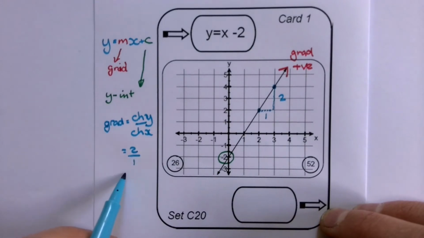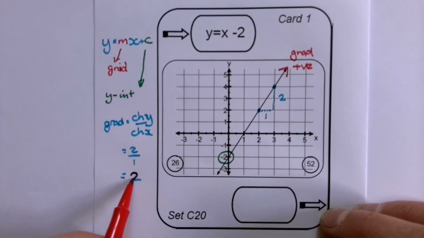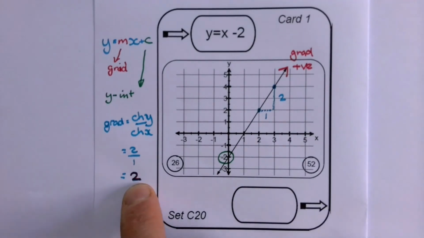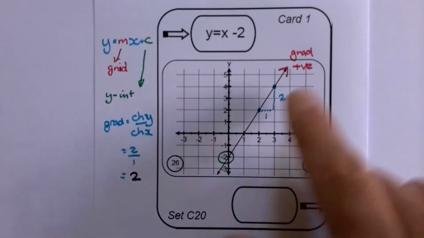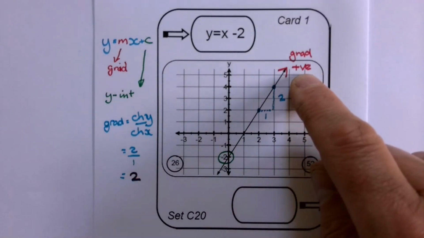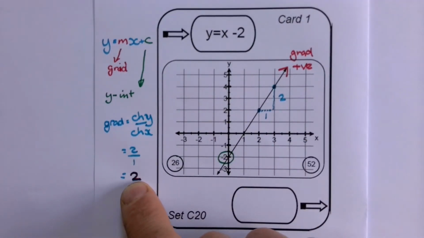So my gradient is 2. Okie dokie. Let's just put that in red. Now, is our 2 positive or negative? Well, we said here that our gradient's positive, so this must be a positive 2.